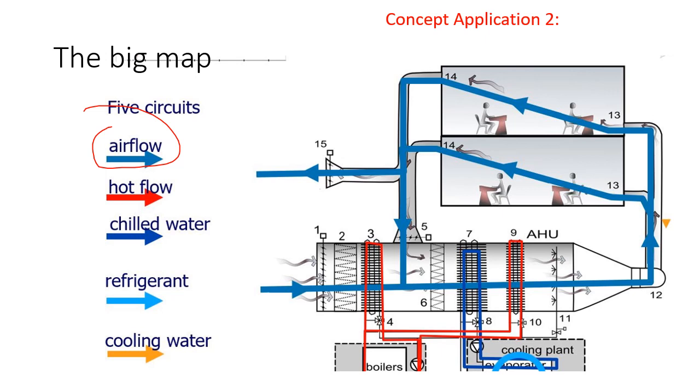Remember, in summer the supply air goes in at a lower temperature, absorbs heat here, raises the room temperature and leaves. Similarly, in another room, it goes in at a lower temperature, absorbs heat, raises the room temperature to a comfortable level, and then leaves. The supply air also has a lower humidity content, so it can absorb human moisture and carry it away. So this is the summer scenario.